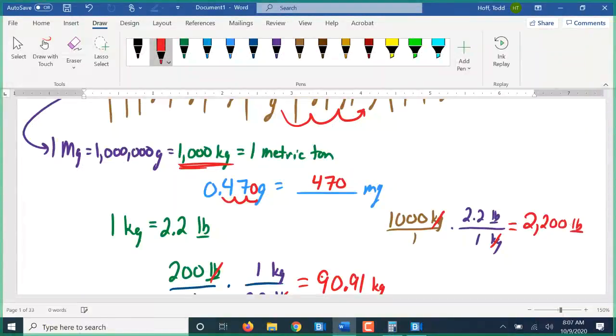So the metric ton, as you can see, is actually between our standard net ton and gross ton, but it's a little bit bigger than the net ton, which is what we're trading in, is net tons. The metric ton is slightly bigger than our standard ton, but it's close enough. 2,200 pounds to 2,000 pounds is a 10% difference. It's close enough that facilitates that international trade.